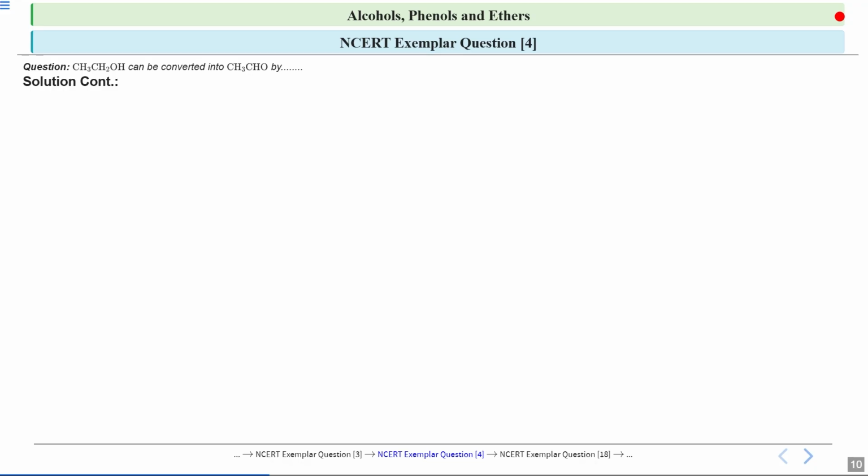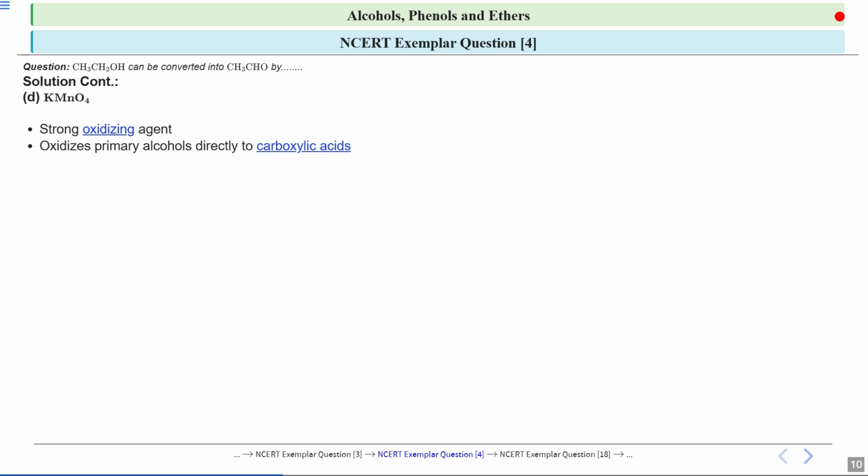Let us see the fourth option, which is KMnO4, potassium permanganate. KMnO4 is also an oxidizing agent. But why is this not the correct option? Because this is a strong oxidizing agent, it oxidizes primary alcohols directly to carboxylic acid.